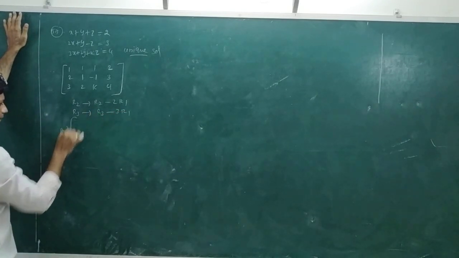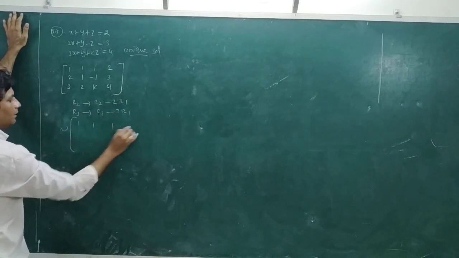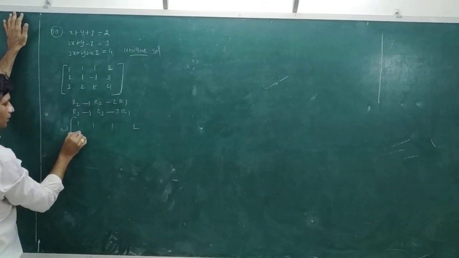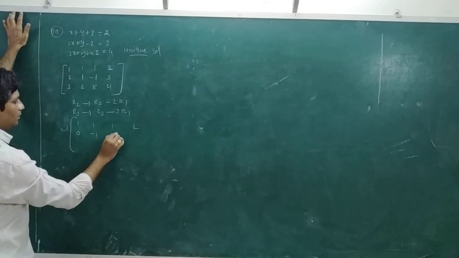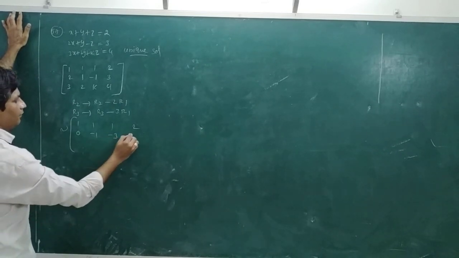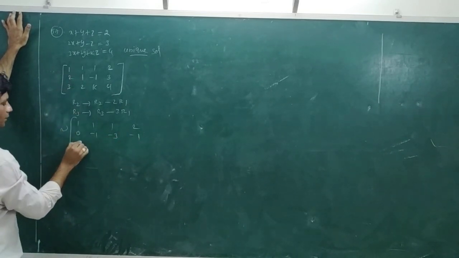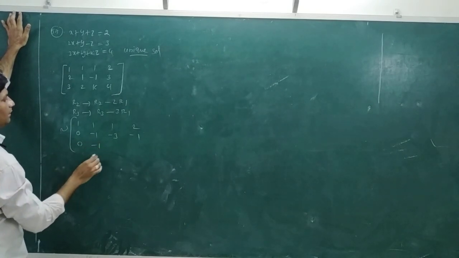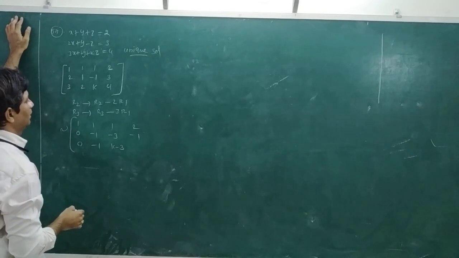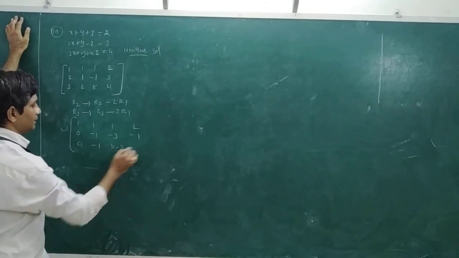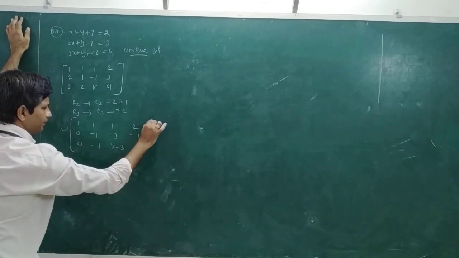Now what do we have here? 1, 1, 1, 2. 2 minus 2, 0. 1 minus 2, minus 1. Minus 1, minus 2, minus 3. 3 minus 4, minus 1. This is 0. 2 minus 3, minus 1. K minus 3. This is 4 minus 6, minus 1.